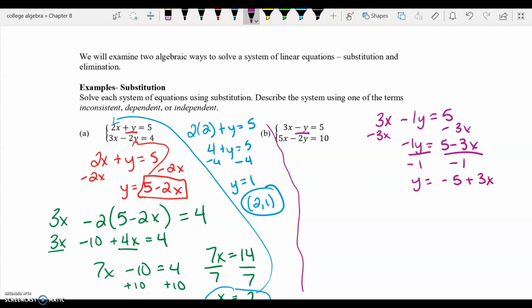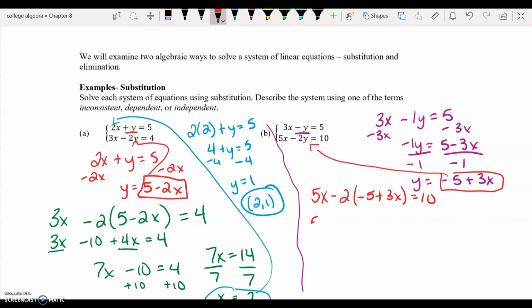Now you're going to take that, substitute it into the other equation, so I'm going to sub it in for my y. Combine like terms. Divide by negative 1. So x equals 0.